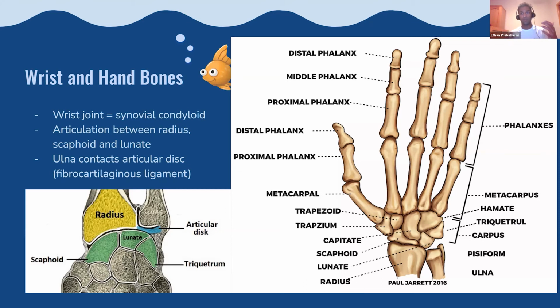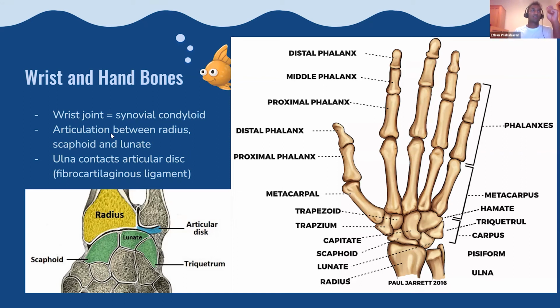Those movements are actually performed by flexor carpi radialis, which is abduction, and flexor carpi ulnaris, which is adduction, and the extensor muscles as well. So extensor and flexor carpi radialis will do abduction, and extensor and flexor carpi ulnaris will do adduction. So just the ulnar muscles will move the wrist to the ulnar side, which is nice to know.